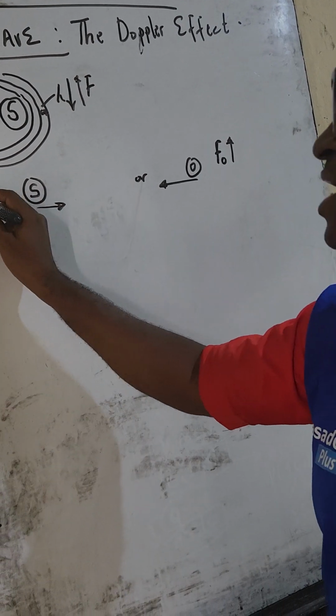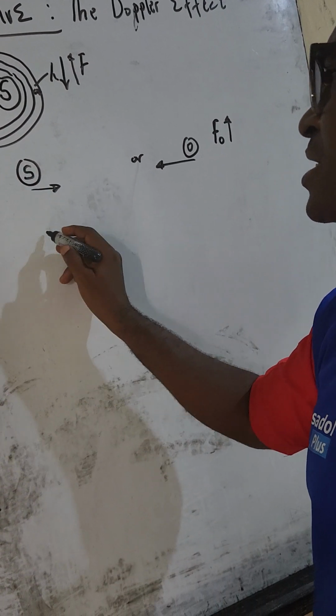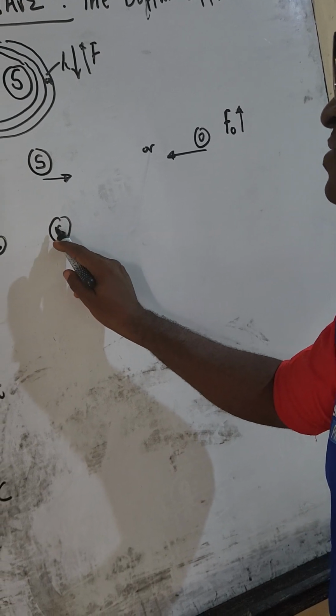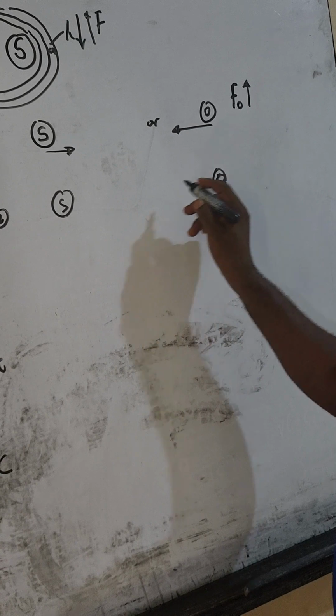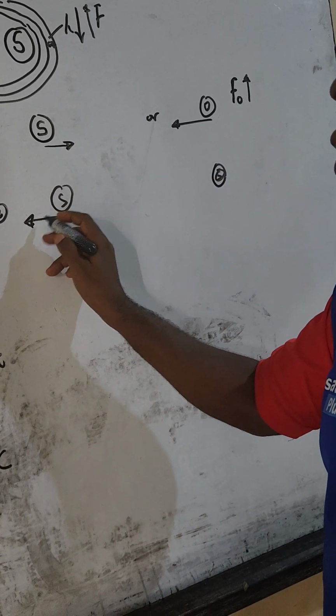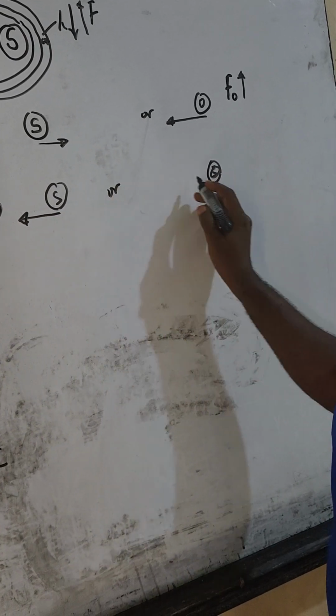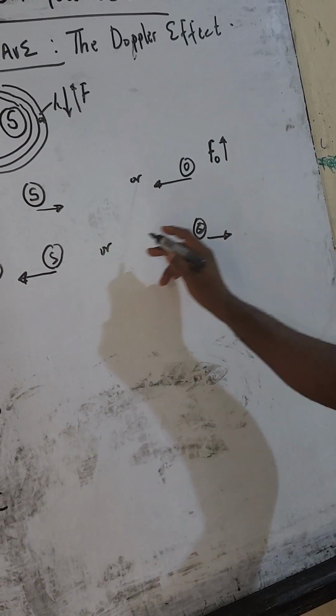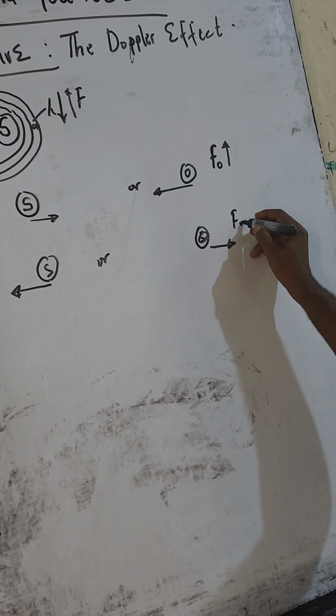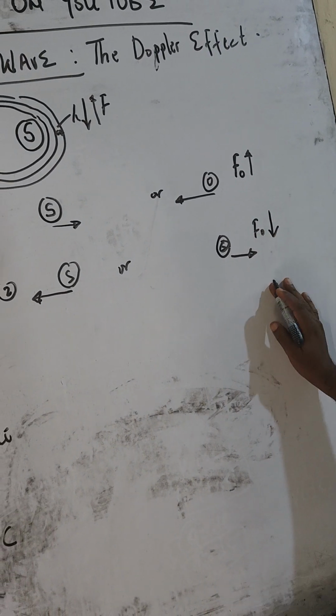That is case 1. Case 2, let's say I have the source, then I have the observer. Anytime the source is moving away from the observer or the observer is moving away from the source, the frequency of the observer decreases.